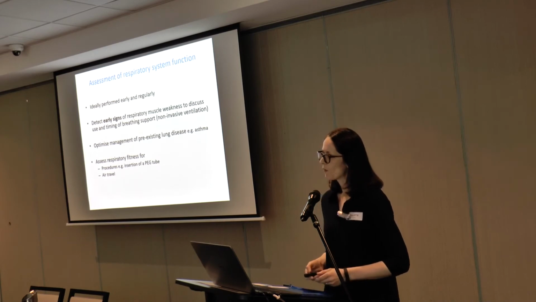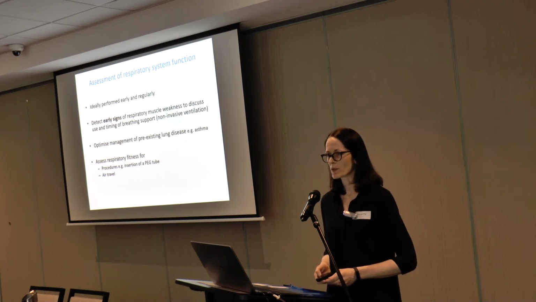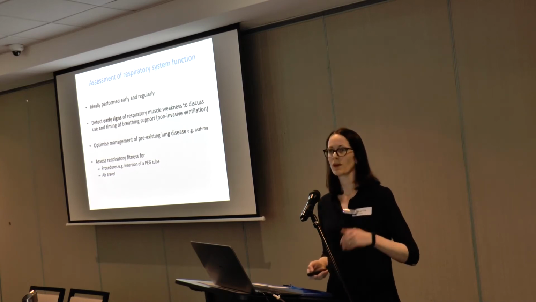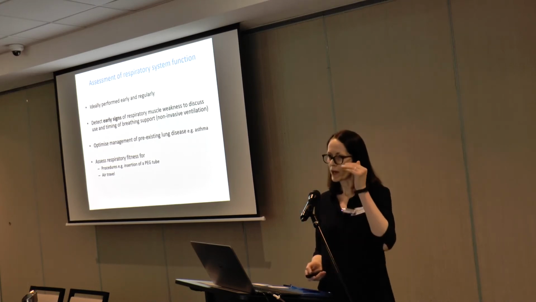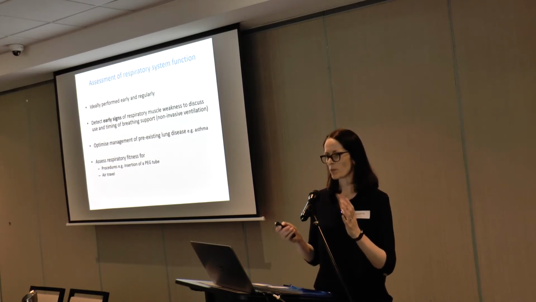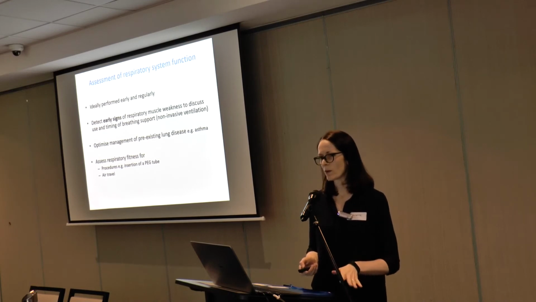Does anyone know why air travel, particularly long-distance flights, can have an effect on your respiratory system? No? So when you're... yeah? Exactly. So when you're at altitude, the air pressure is reduced, and even though the cabin is pressurised, at sea level we're breathing around about 21% oxygen.